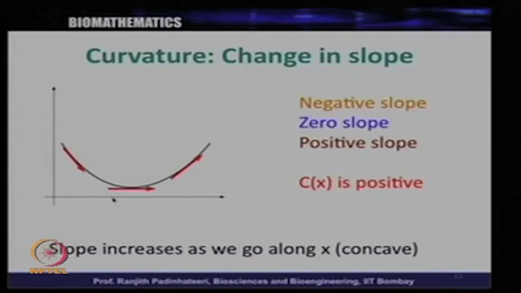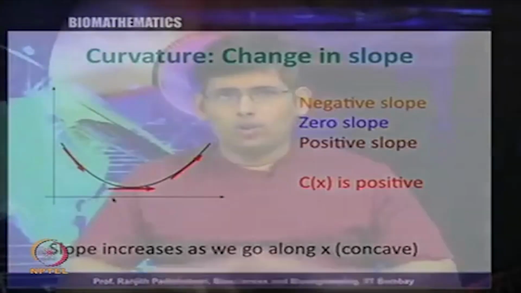So, two things you should understand from the last few slides on curvature. Whenever you have a curved function, any function that is not a straight line, the slope itself varies and the change in slope can be positive or negative.